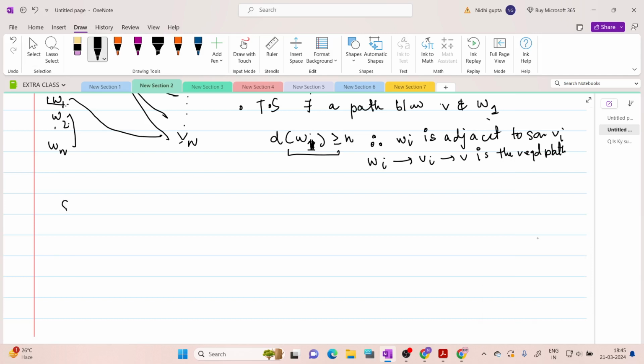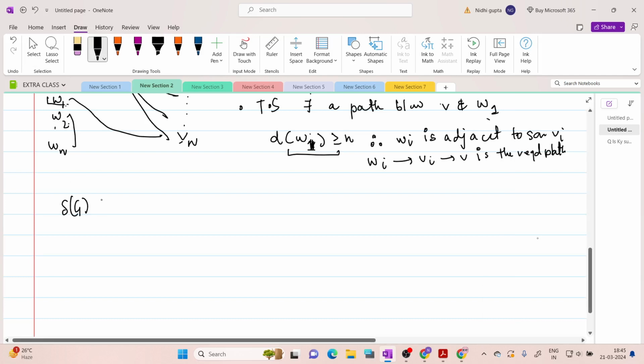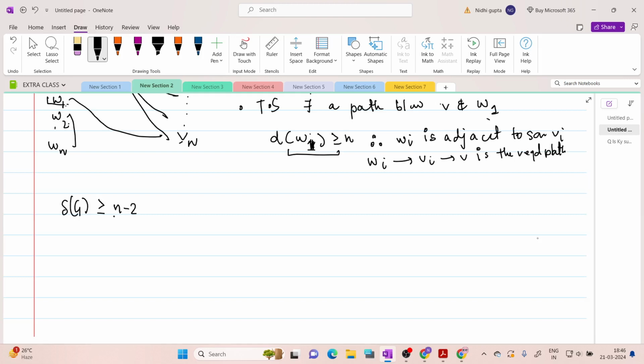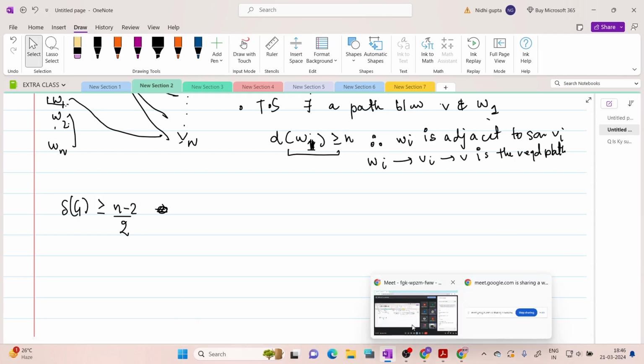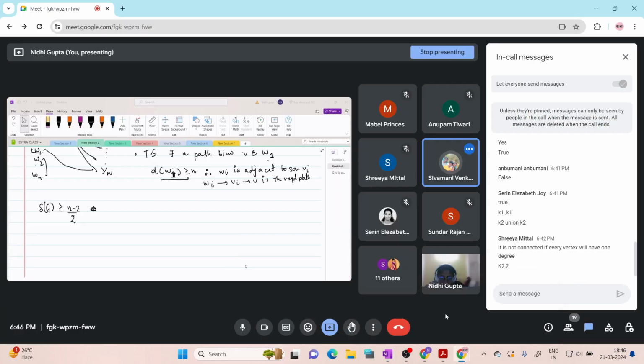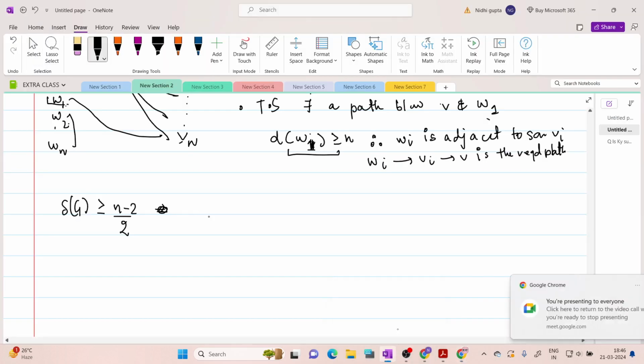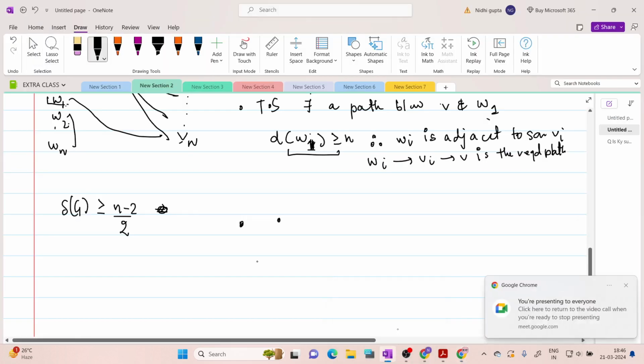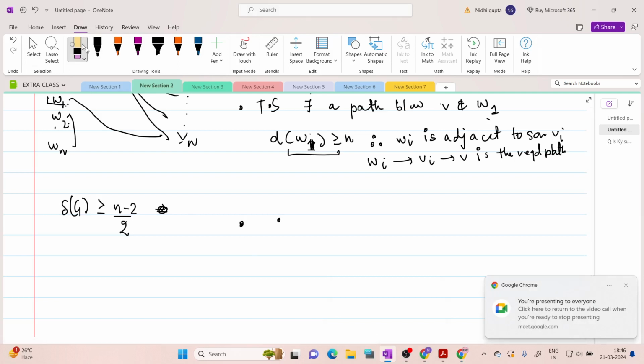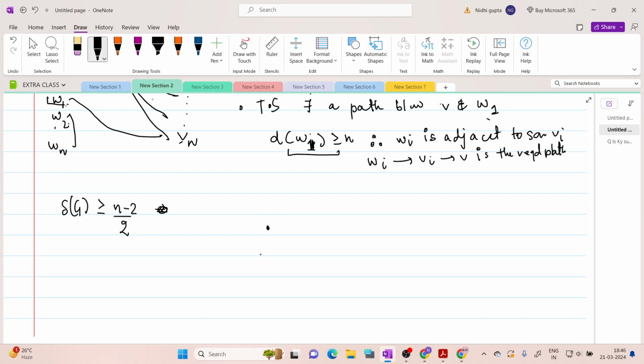So you are saying that if del g is greater than or equal to n minus 2 by 2... I don't understand, what do you mean by isolated? Isolated means also a null graph, so no degree, degree is 0. Suppose the same graph, but only one vertex is separate, not connected to the graph. So you are saying this graph with just one vertex.